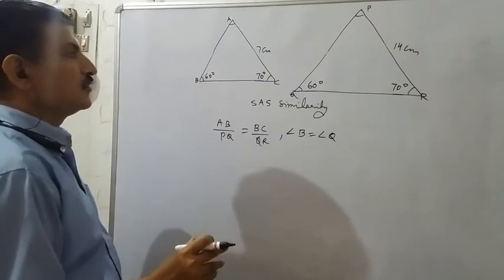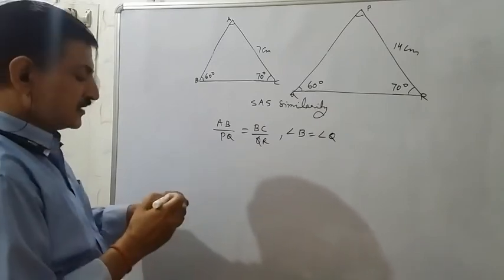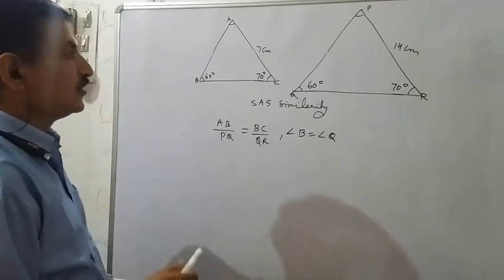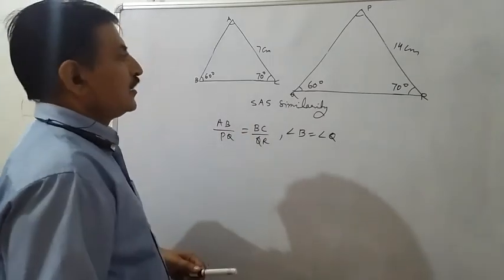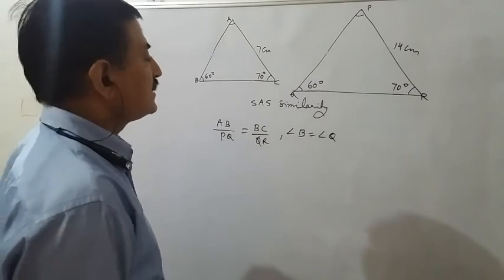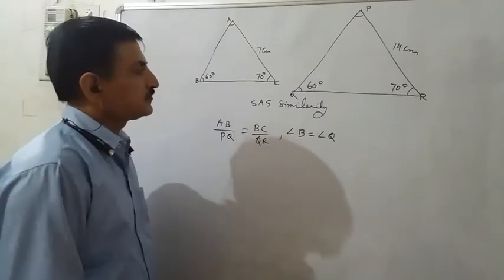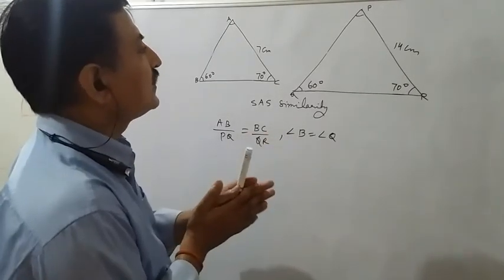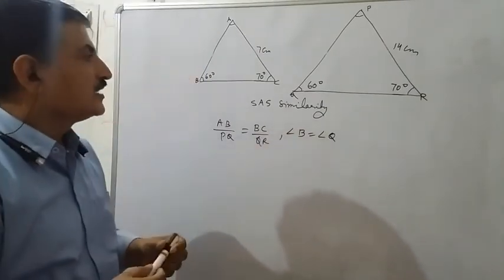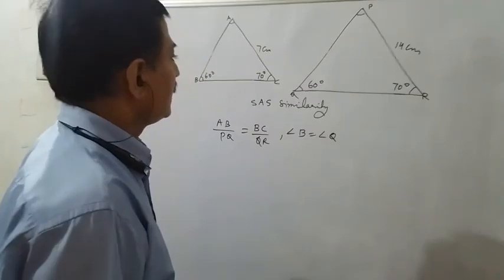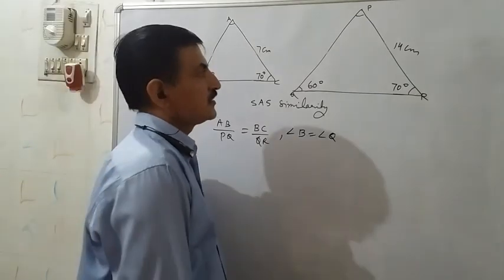That is AAS similarity. So these are the kinds of similarity. In this way we can define similar triangles. How many conditions are there? Okay students, thank you.